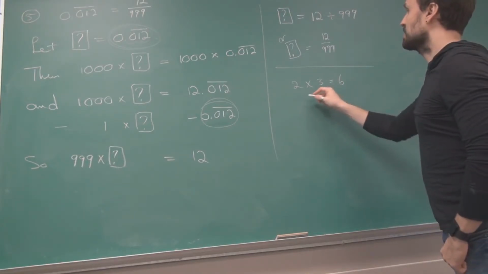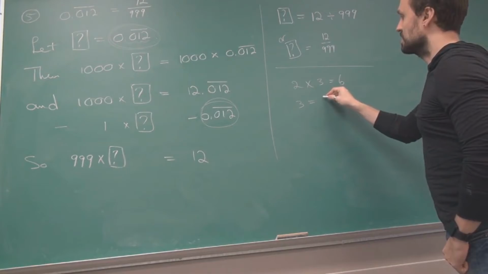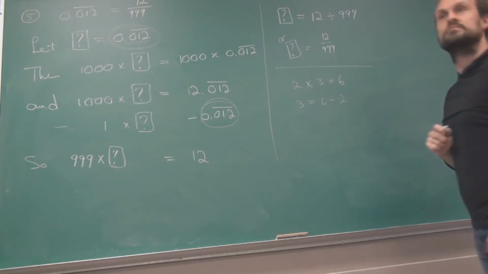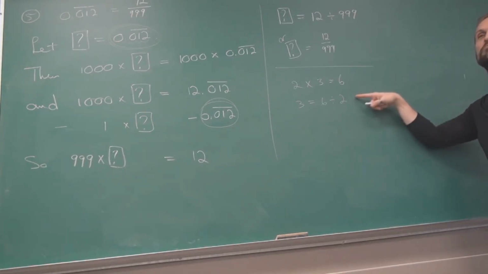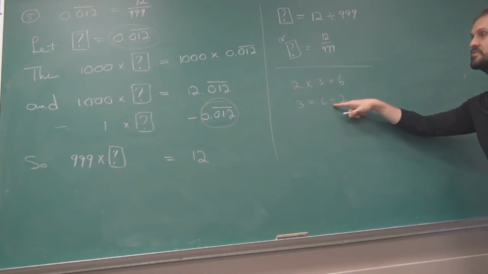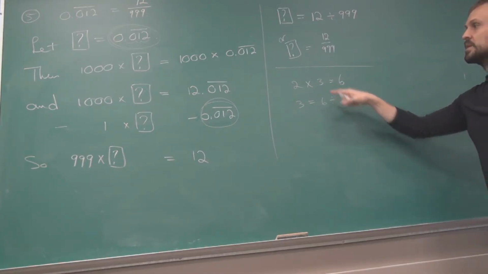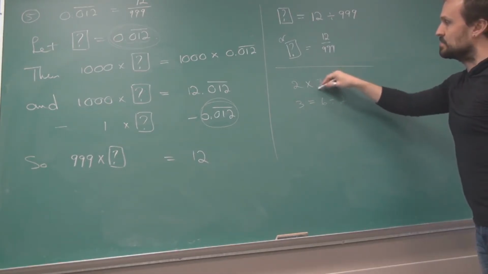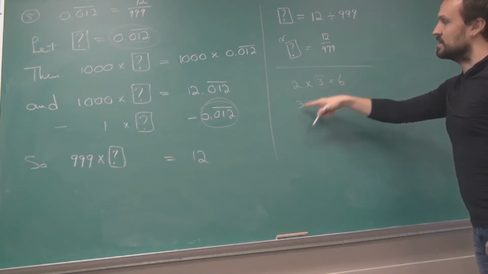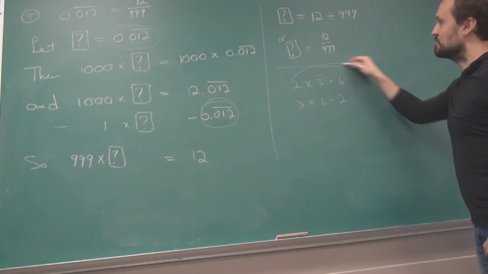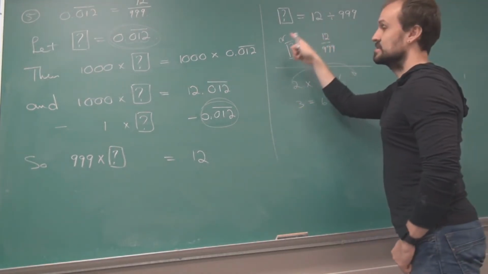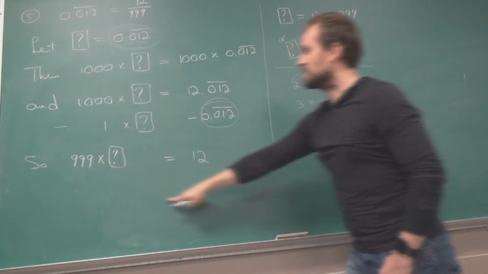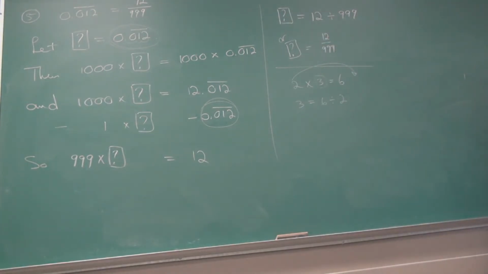For example, this would be 3 equals 6 divided by 2. So any multiplication sentence has another version which essentially has the same information, just with a division instead of a multiplication. Now how do I shuffle these around? I keep the one here on the right, and this guy moves to the other end with a division, which is exactly how I reordered this.